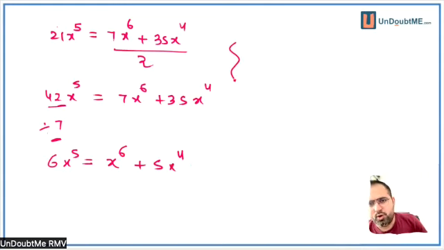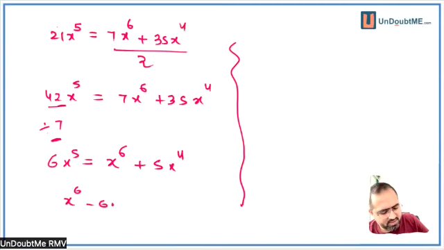Always remember that if you're dividing an equation by a variable, you are cutting off one of the possible answers. I'll tell you how. So right now, don't divide, just take the terms on one side: x to the power 6 minus 6x to the power 5 plus 5x to the power 4 is equal to 0.